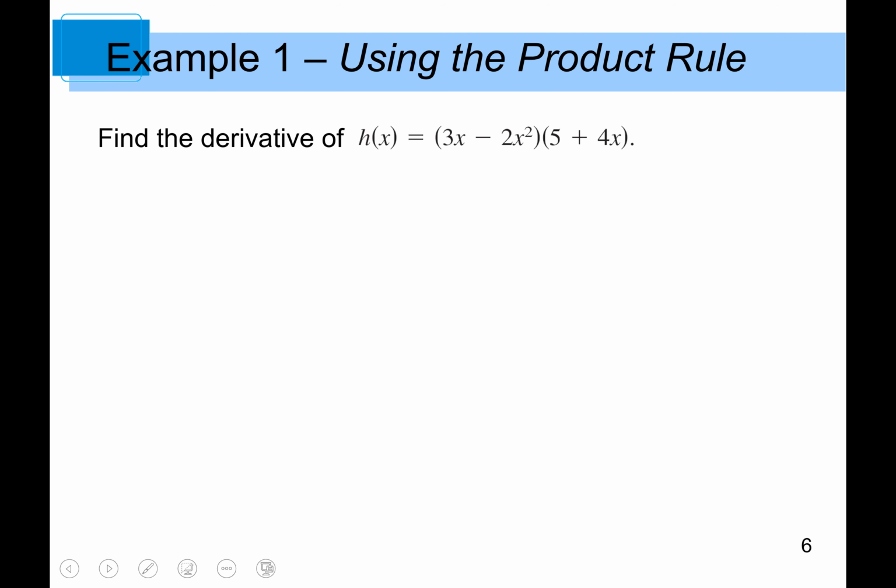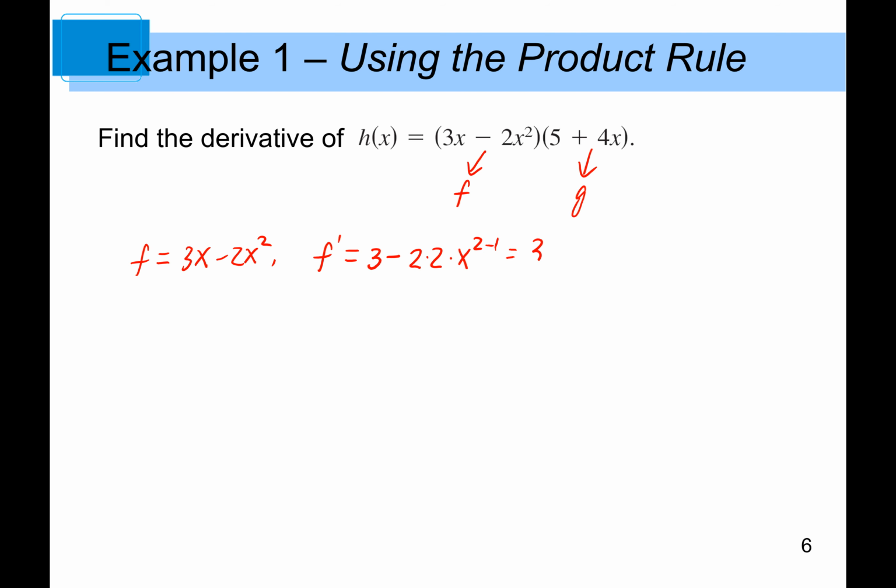Alright, so let's take a look at this example. Using the product rule, find the derivative of h of x equals (3x minus 2x squared) times (5 plus 4x). So we assume this is f, and that's going to be g. Since f equals 3x minus 2x squared, f prime, using the power rule, will give us 3 minus 2 times 2 times x to the 2 minus 1.